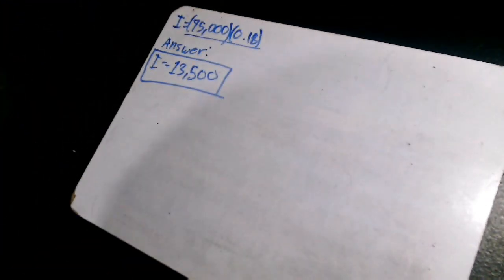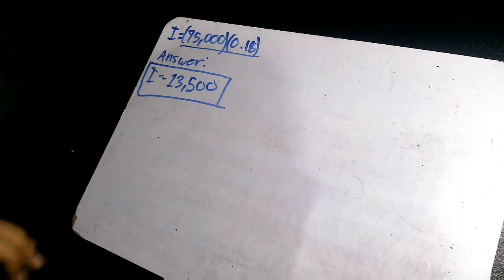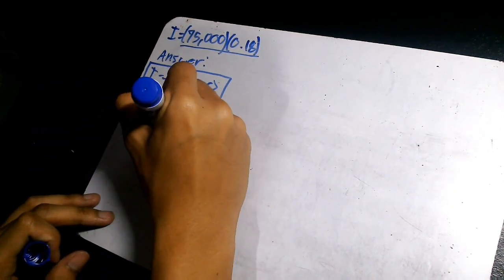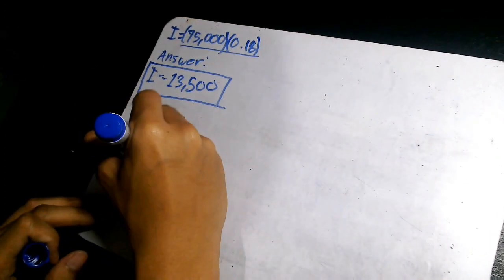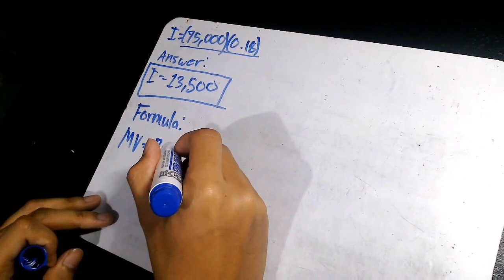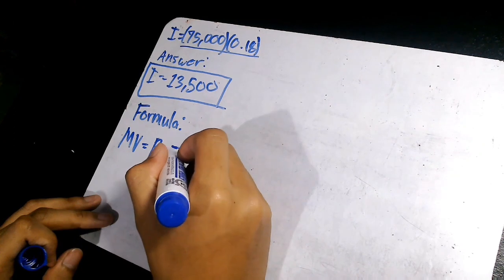To get the maturity value, we need another formula, which is MV, which is maturity value, equals P, which is principal amount, plus I, or interest.